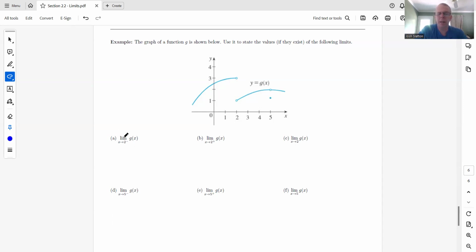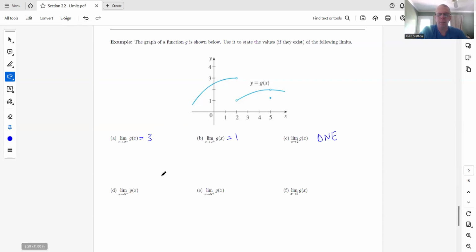So the limit as x approaches 2 from the left, we're coming up from the left and approaching 2, and that value would be 3. The limit as x approaches 2 from the right, coming right there, that would be 1. The limit as x approaches 2 does not exist because these two are not equal. And since they're not equal, the limit cannot exist.